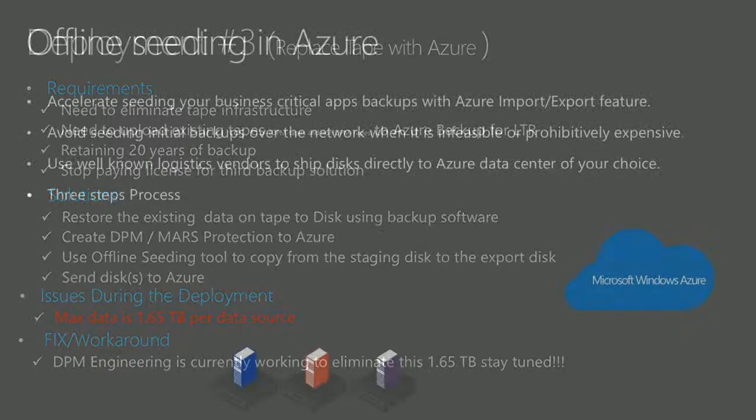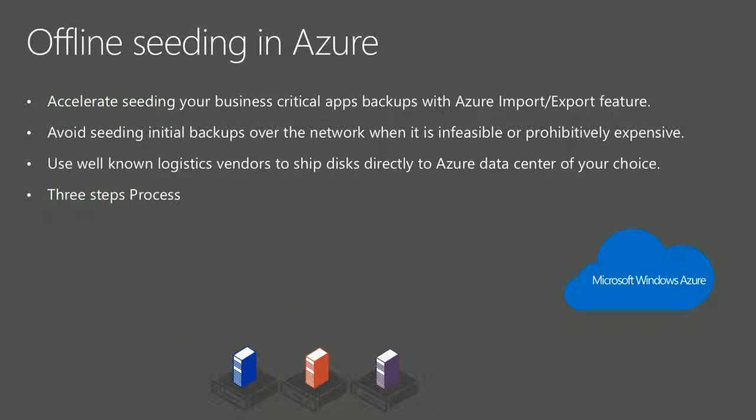Good. So what's the offline seeding tool to Azure? Anyone knows from the people that have seen it? As the name says, get your data that's already on tape or disks that you want to upload to Azure. Stage it. Use the Azure Import/Export tool for the offline seeding.